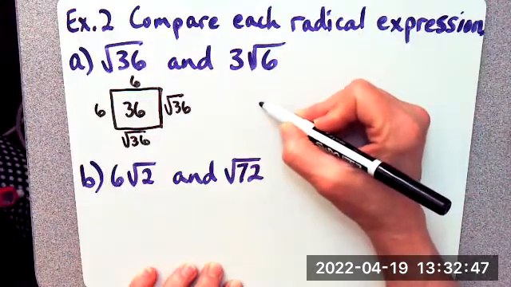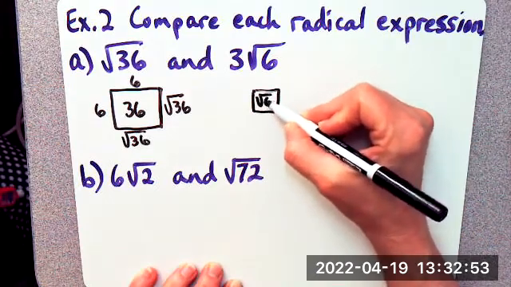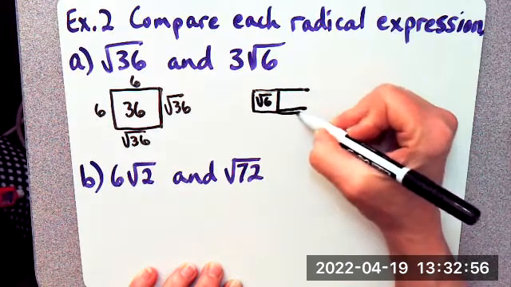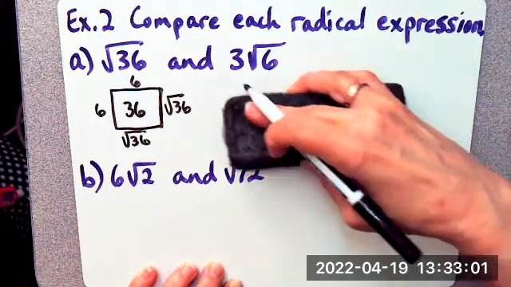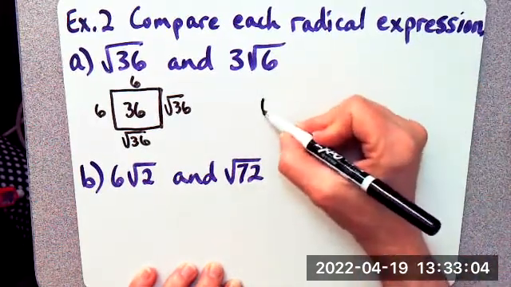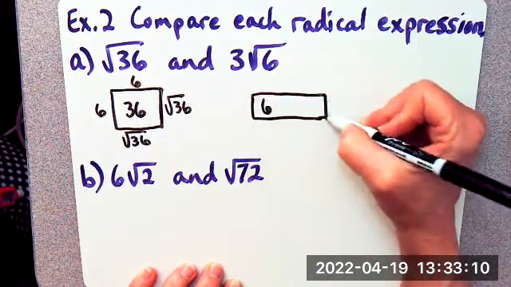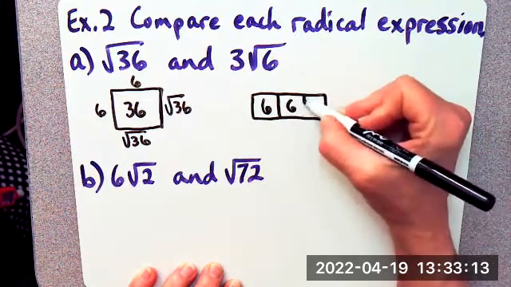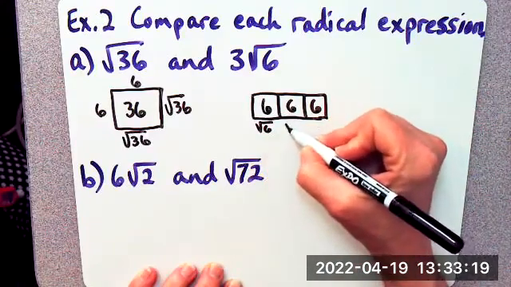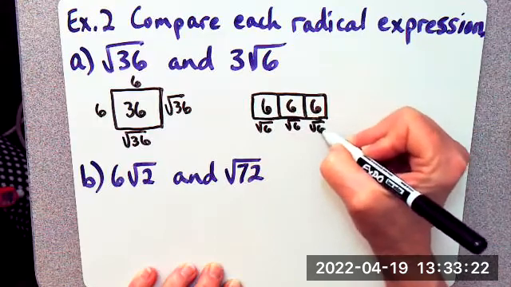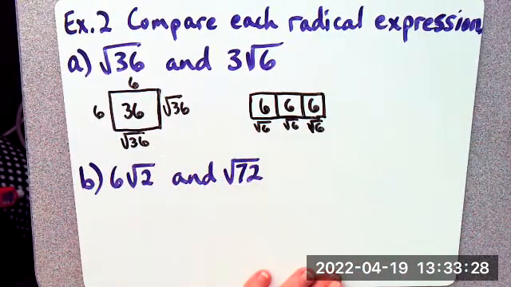Now, if I look at this one, I have the square root of 6, which is much smaller, but I have 3 of them. So I'd have 3 squares of 6: the square root of 6, the square root of 6, and the square root of 6. That's slightly different than this.